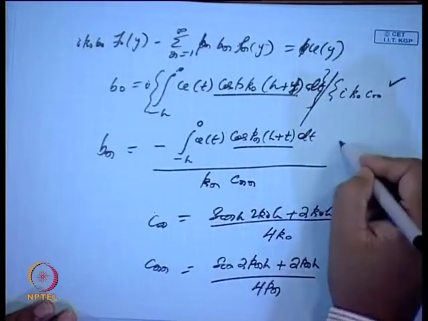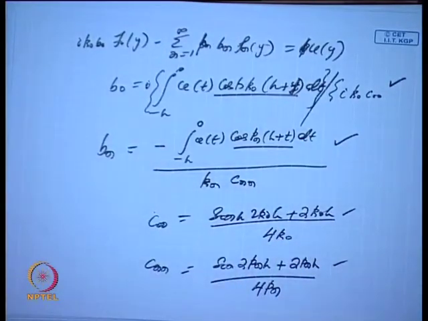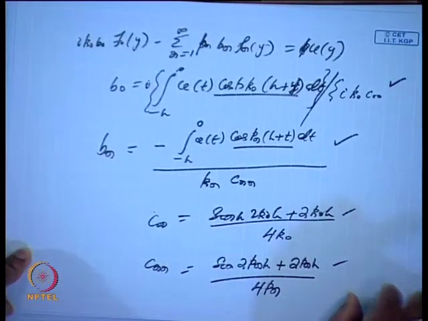So, this is my b_0, this is my b_n, this is my C_00 and this. So, I now know all the unknown constants b_n. What was my original expression for phi, for x greater than or equal to 0?